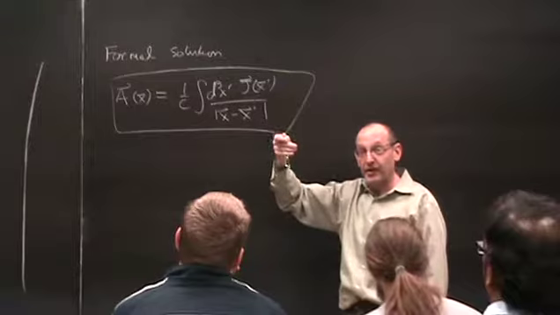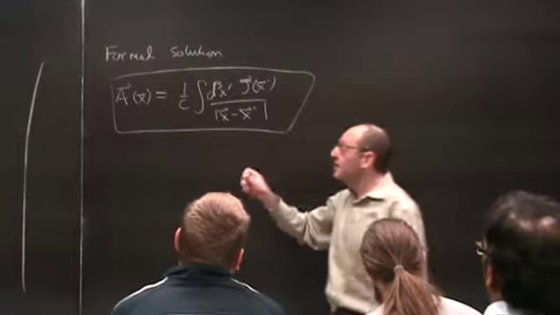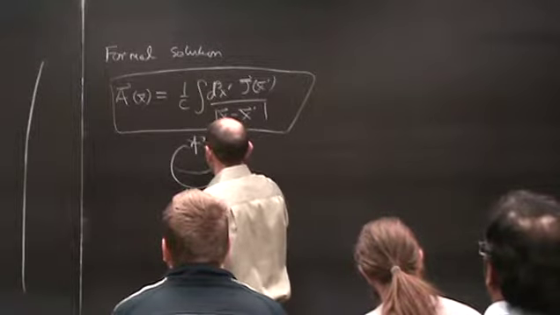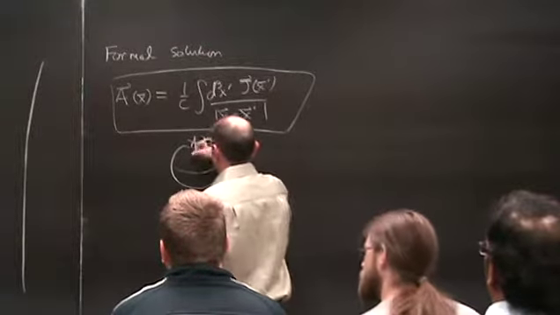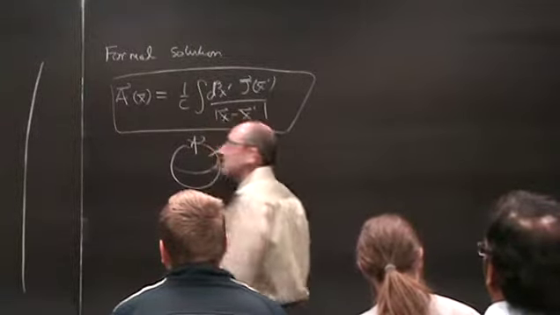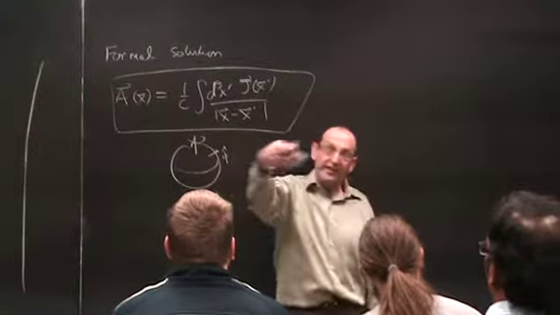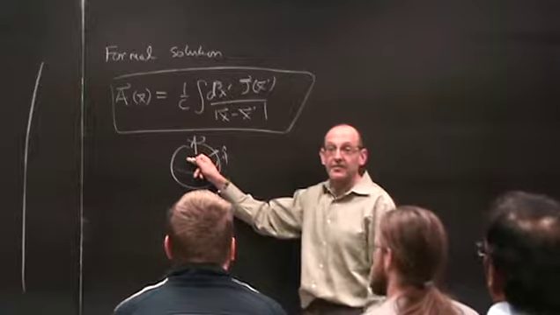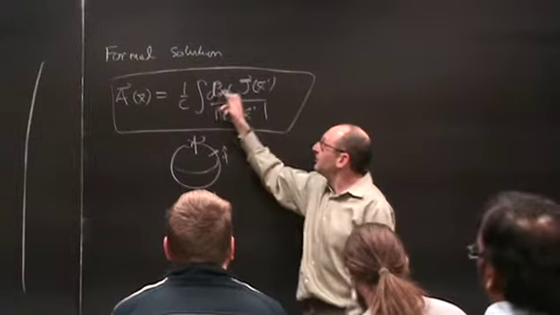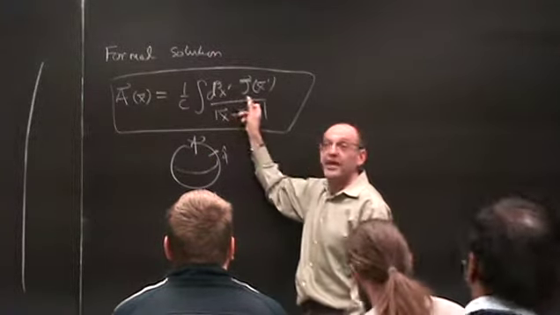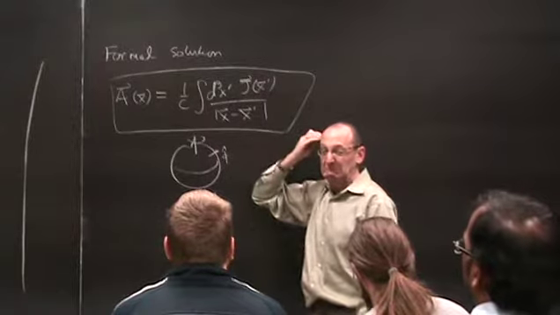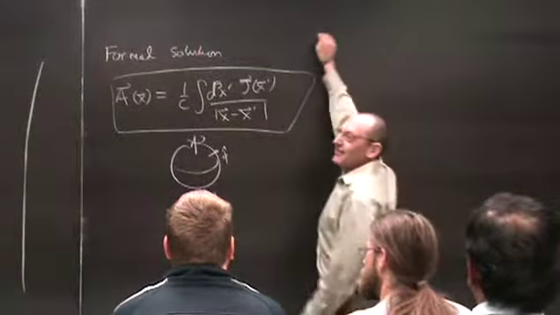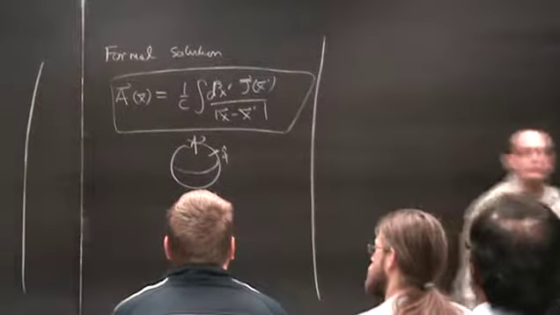For example, in the sphere that's rotating, the current density is in the phi hat direction. But the phi hat vector is a function of where I am on the sphere. It's not a constant vector. And so you have to put that in somehow to do that integral. Think about that one.